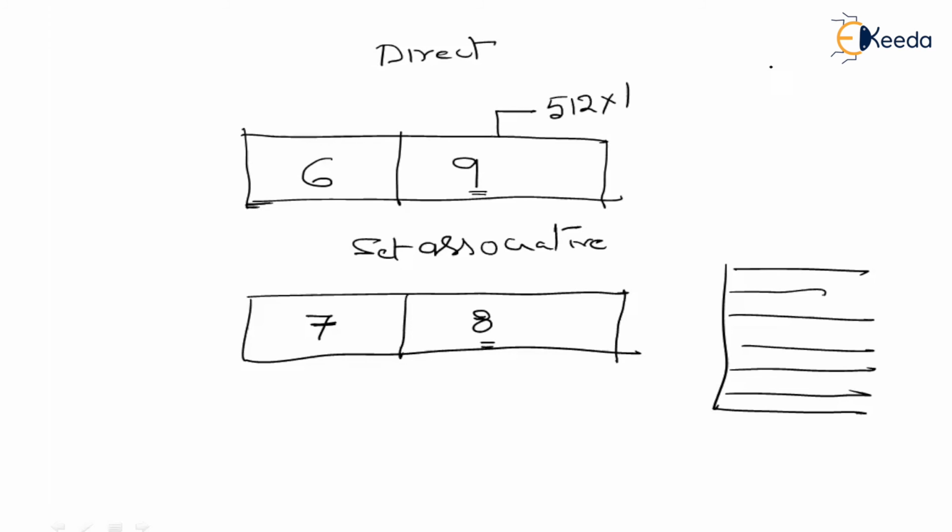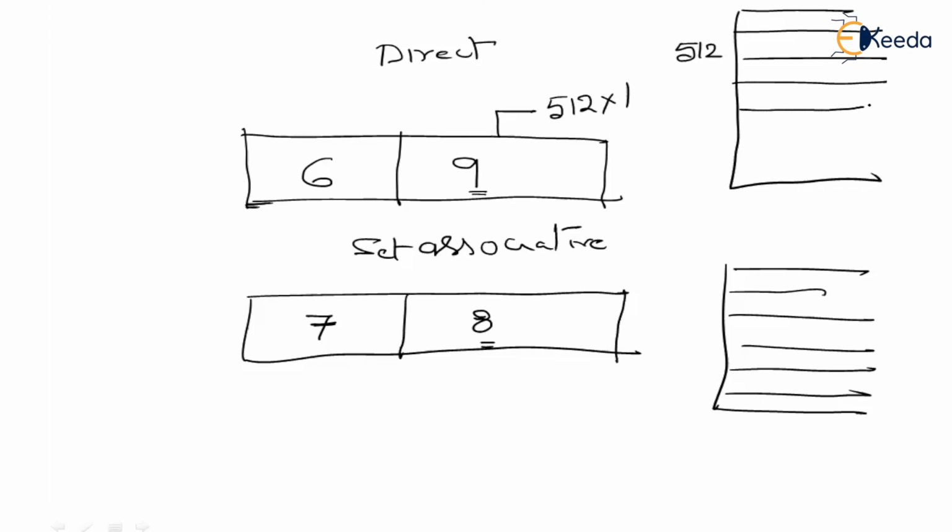Total, these are 512, each line of one word. Now here, total 256 only, each line of 2 words. You can also call lines sets.